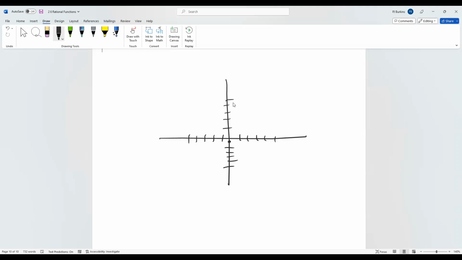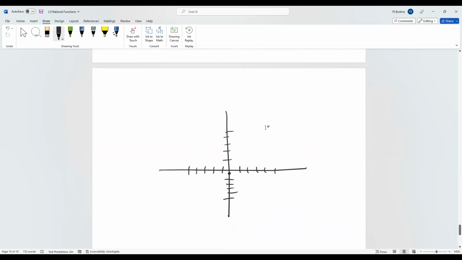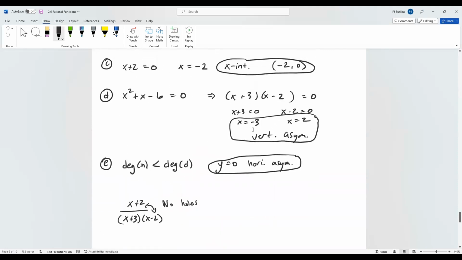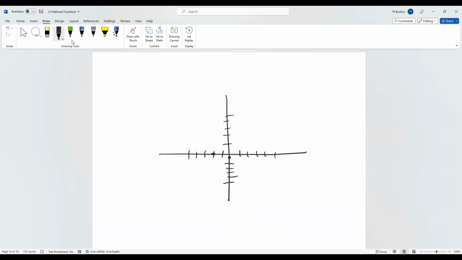And then the other was, sorry, (-2, 0). So we go through this point and we go through that point. All right, asymptotes were x equals negative 3 and x equals 2. So x equals negative 3 would be there, and x equals 2.